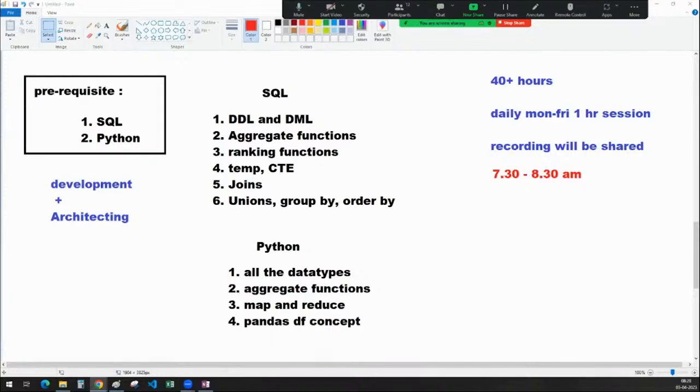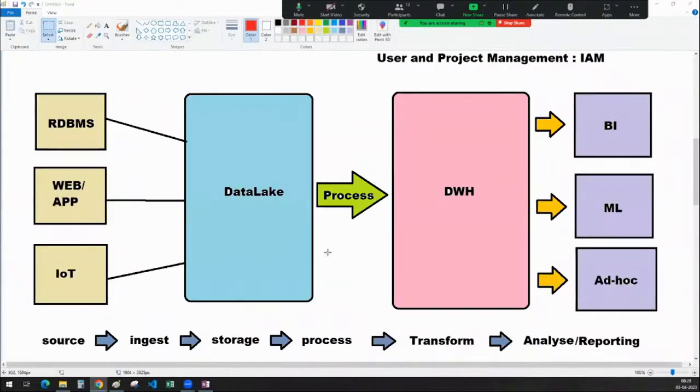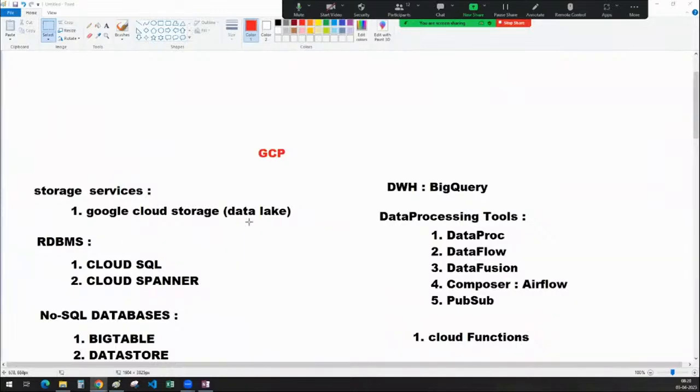From tomorrow onwards, we will be having the initial classes, guys. Today is a demo class, right? Yesterday we had a workshop, and today we are having the first demo. In this first demo, I am telling you all the things that we are going to cover in our sessions. Tomorrow, I am going to start with Google Cloud Storage.